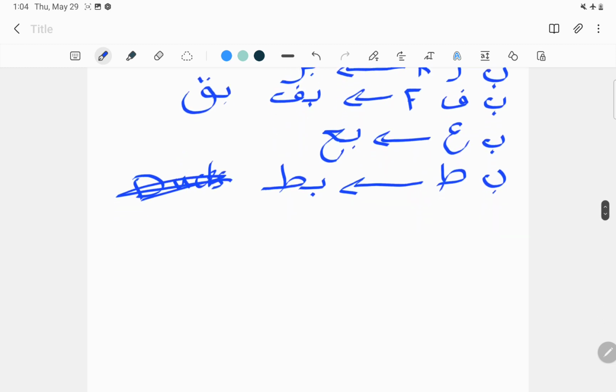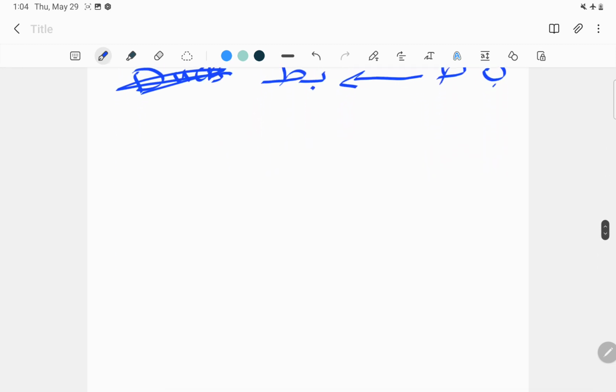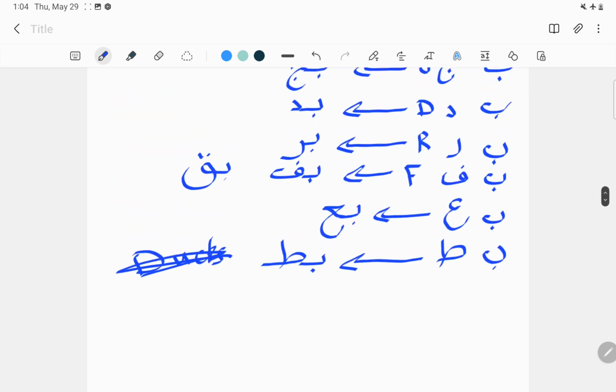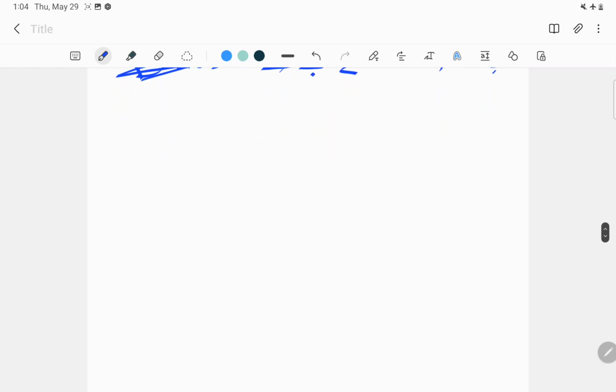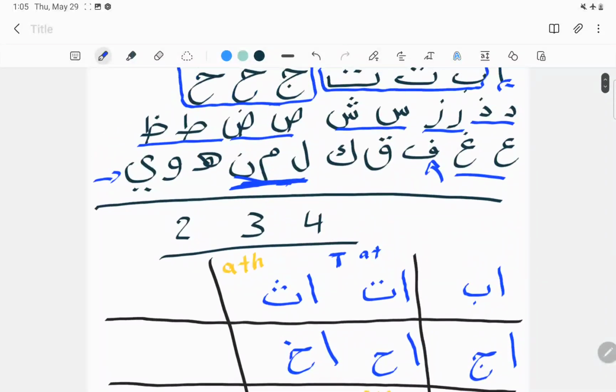If you go back to the previous video, you see a table. I don't have it here right now, but you see a table that can explain to you each letter when it comes beginning, middle, or the end of the word, how that letter would look like. Anyway, did you understand so far? I hope you did.